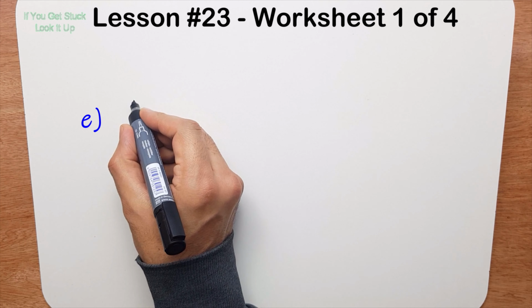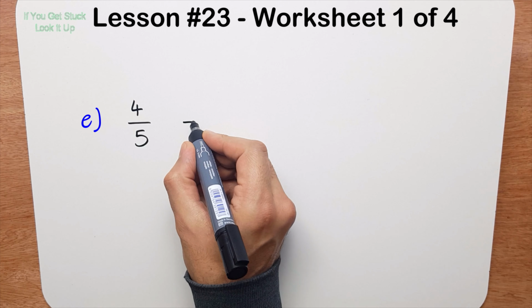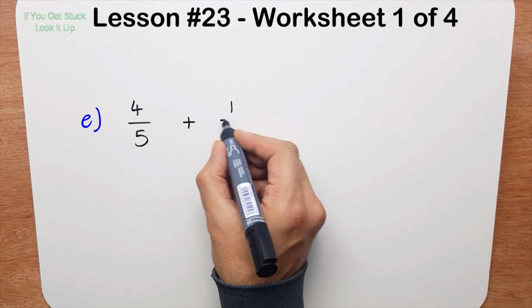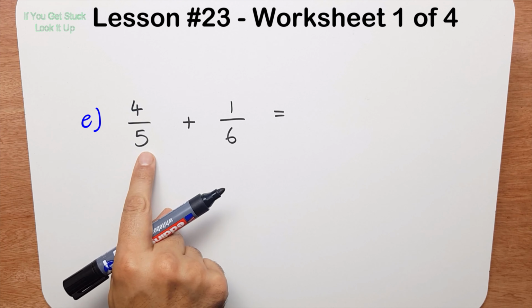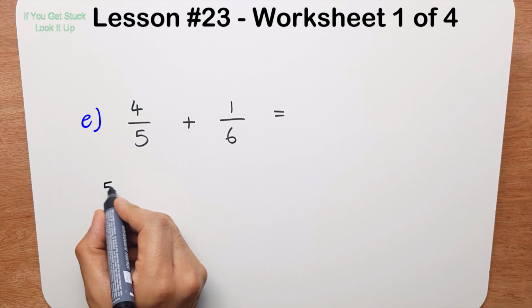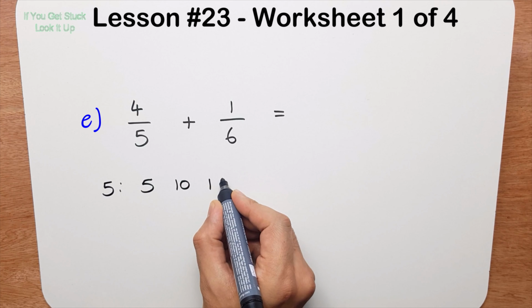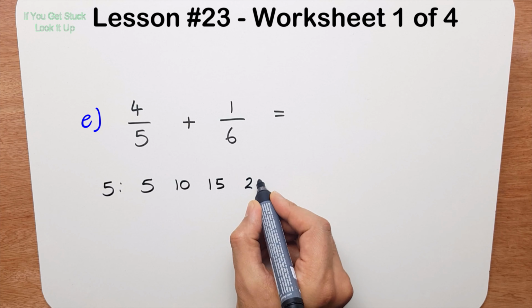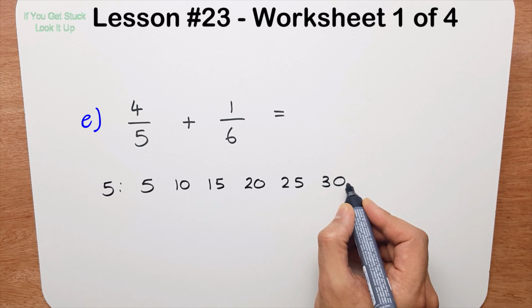My next question is 4/5 plus 1/6. So now I'm going to do the 5 times table. 5, 10, 15, 20, 25, 30.